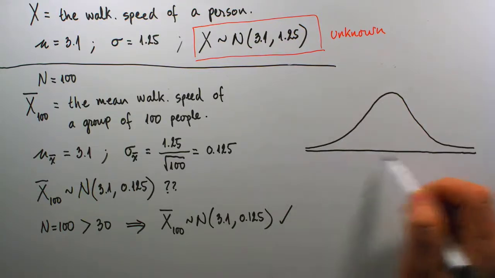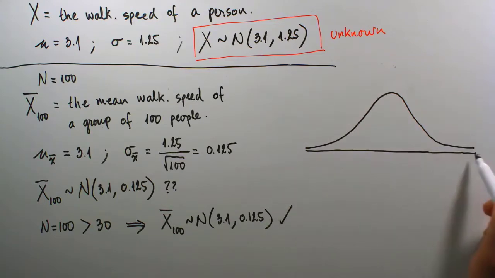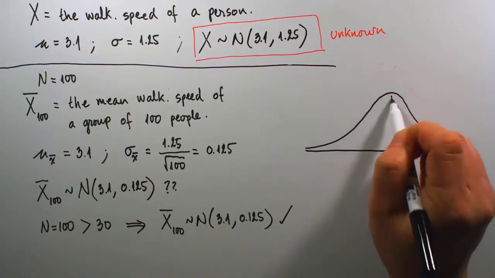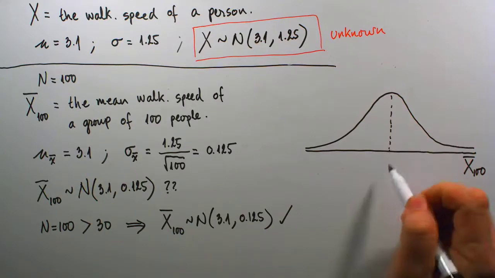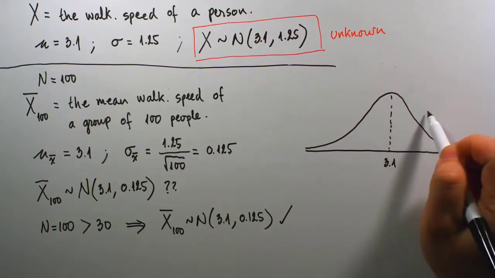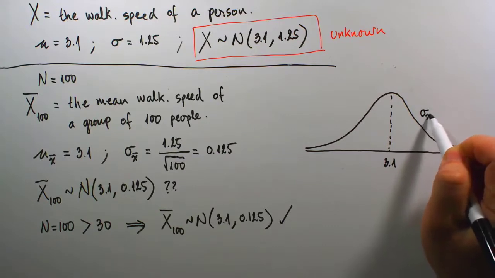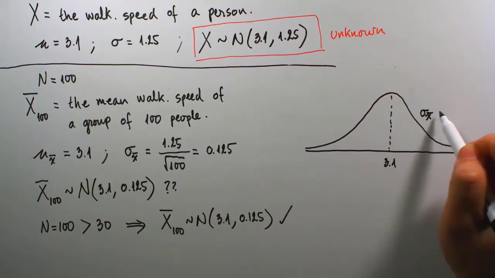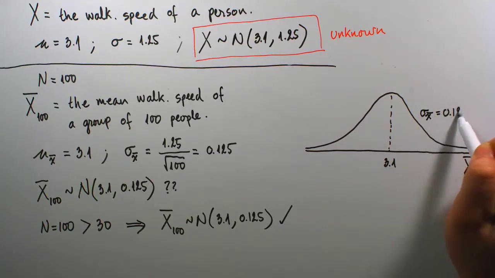The horizontal line of this bell curve represents any value that we can find for a sample mean at size 100. Center is in the middle, being value at 3.1, and average spread on this bell curve, symbolically sigma X bar, is 0.125.